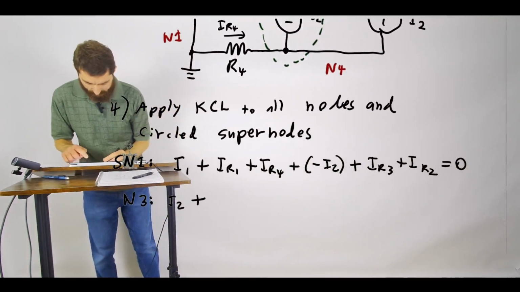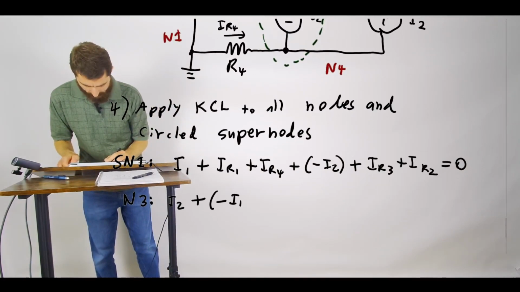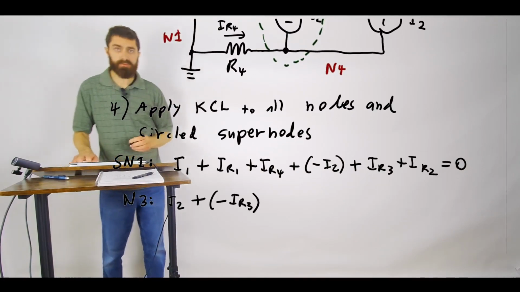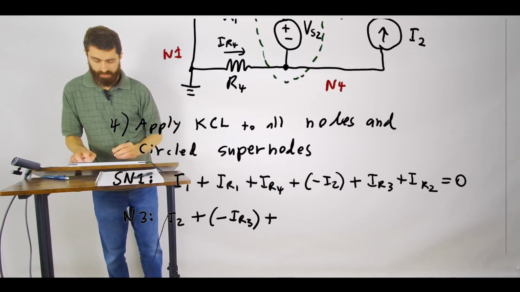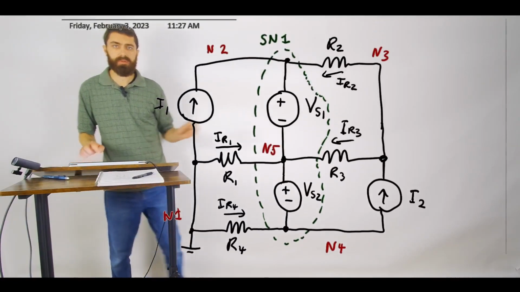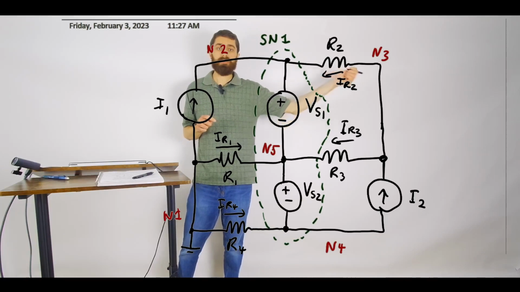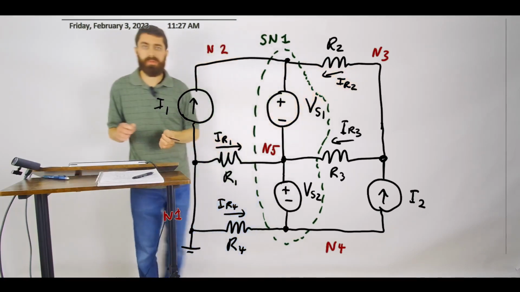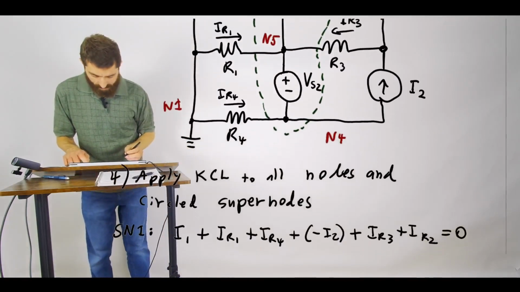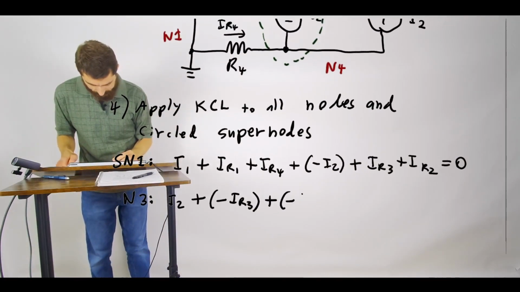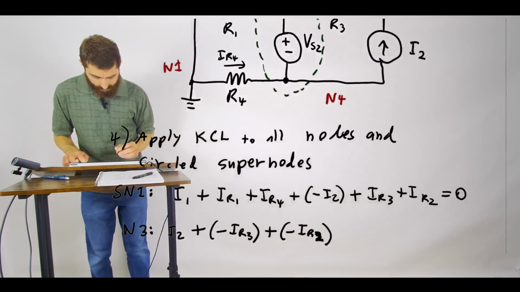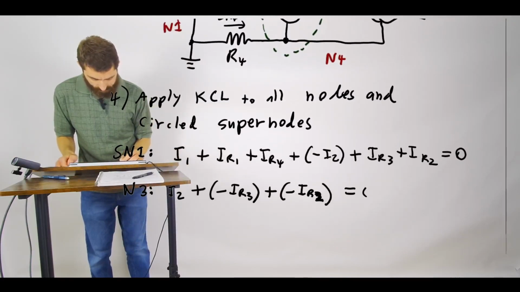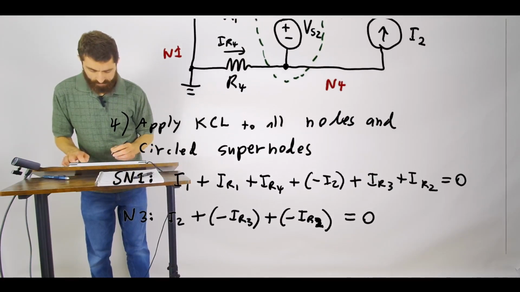So plus minus IR3 plus this current IR2, but it's oriented outward and we want the current going into the node, so it would be plus minus IR2, excuse me. And that's all equal to 0.